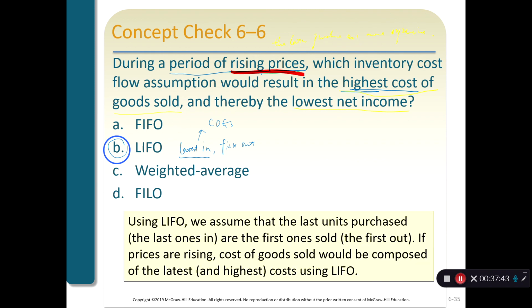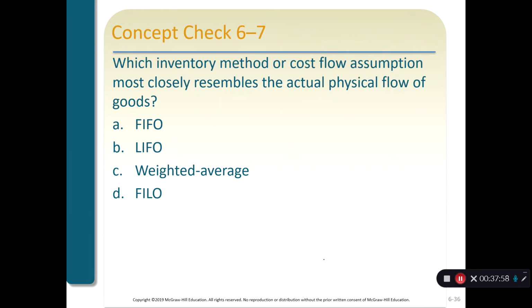Okay, so using LIFO, we assume that the last unit purchased, the last one in, is the first one sold, first out. If prices are rising, cost of goods sold would be composed of the latest costs using LIFO. Okay, which inventory method or cost flow assumption most closely resembles the actual flow? We talked about it. It's the FIFO method, right? Like a grocery store.